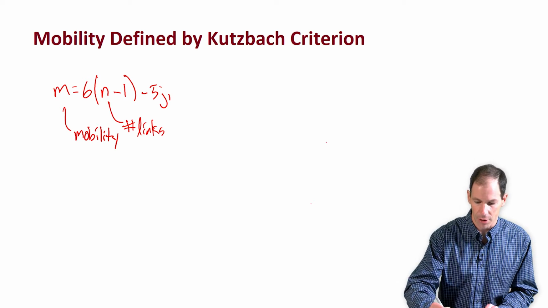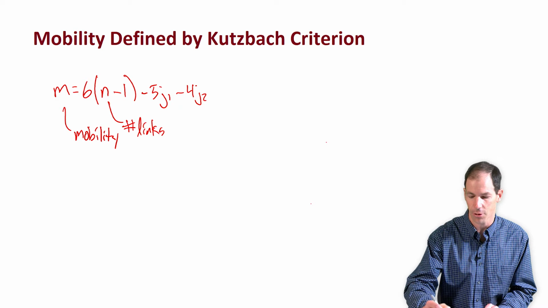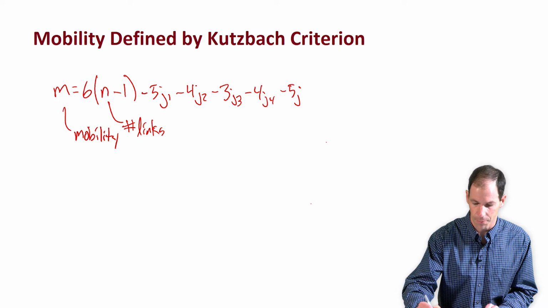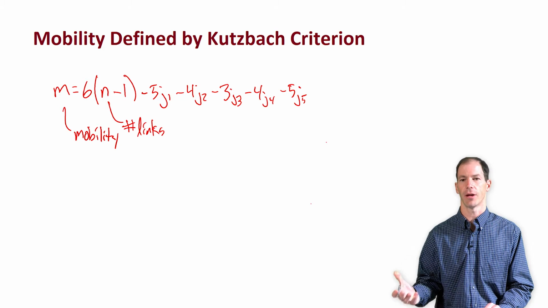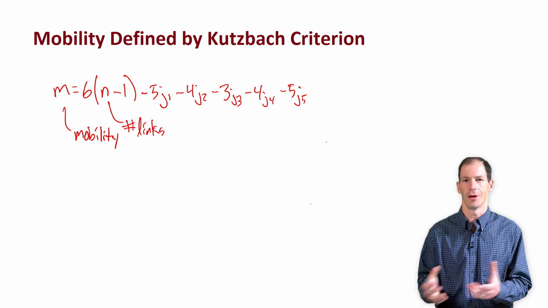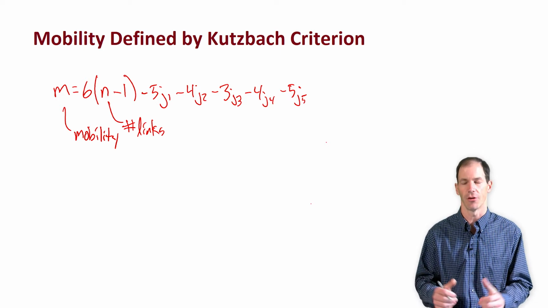And then I'm going to subtract off 4 times the number of J2 joints, so allowing 2 degrees of freedom like a cylindrical joint, minus 3 times J3, minus 4 times J4, minus 5 times J5. And obviously we could have 6 being J6, but that would be a joint that has no mobility, which really isn't a joint.